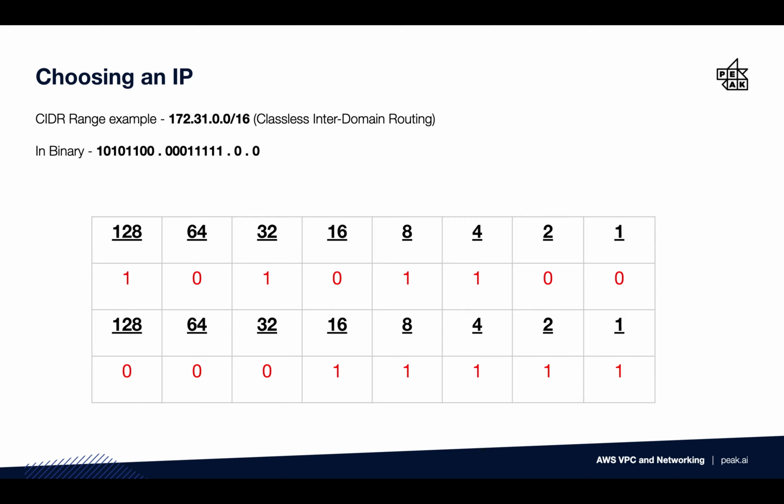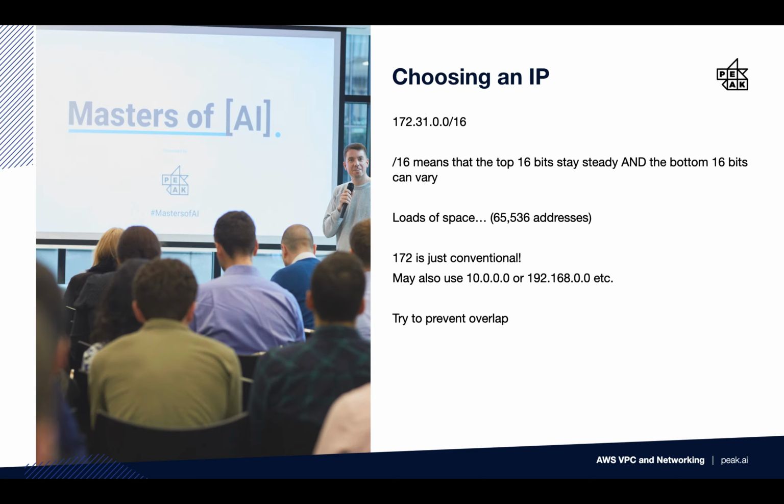So if we go through the example, the bottom line, we have 16 plus 8 plus 4 plus 2 plus 1, 31. Okay. And then, of course, we have the slash 16 at the end. Now, this may change. This is just for the example. But what this essentially means is that the top 16 bits stay steady, and the bottom 16 bits can vary.